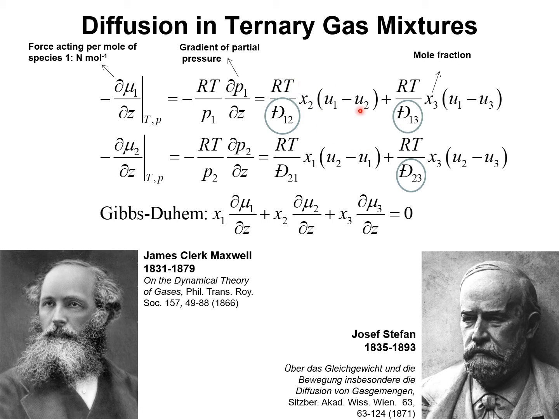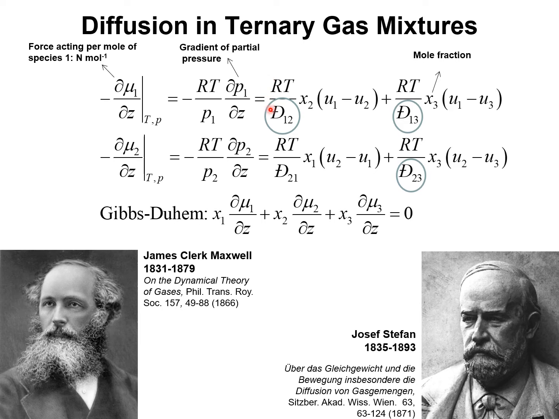These frictional terms should be proportional to the amounts of partner species in the mixture. The 1,2 friction is proportional to the relative amounts of 1 and 2, and therefore we introduce the mole fraction x2, and the friction between 1 and 3 should be proportional to the relative amounts of 1 and 3, and therefore we introduce the mole fraction x3 here.